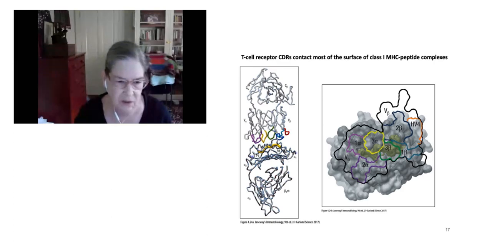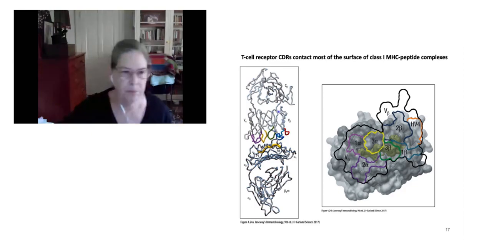It's sitting inside an MHC molecule. And here's the bottom of the MHC molecule, this is a class 1 MHC molecule. So CD8 is going to recognize this part down here, but you can't see that right now. And here are the CDRs of the alpha chain and the beta chain. And you'll see CDR3 of the alpha chain and the beta chain are sitting right on top of that peptide.